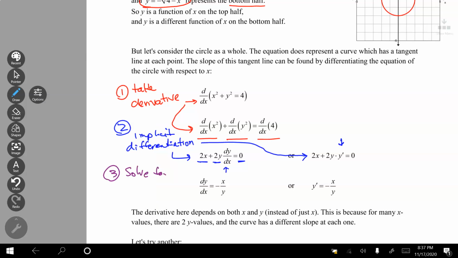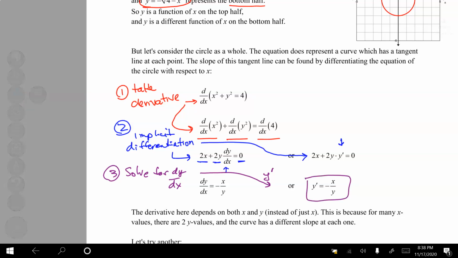We solve for dy over dx, or what we did over here, we solve for y prime. Because dy over dx is the derivative. So that's the idea. This derivative will depend on both x and y values. If you notice in this derivative, it doesn't say y prime equals blah blah blah with just x. It has both x and y involved in this derivative.